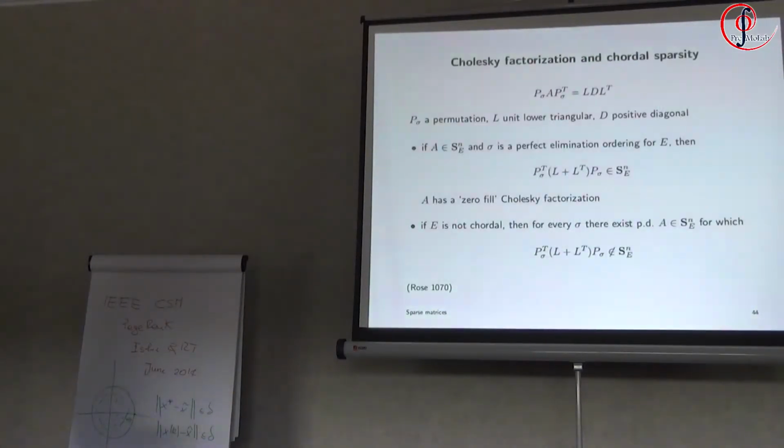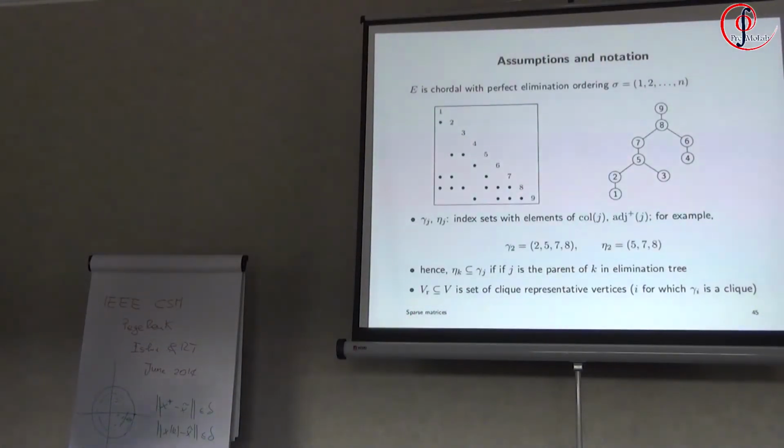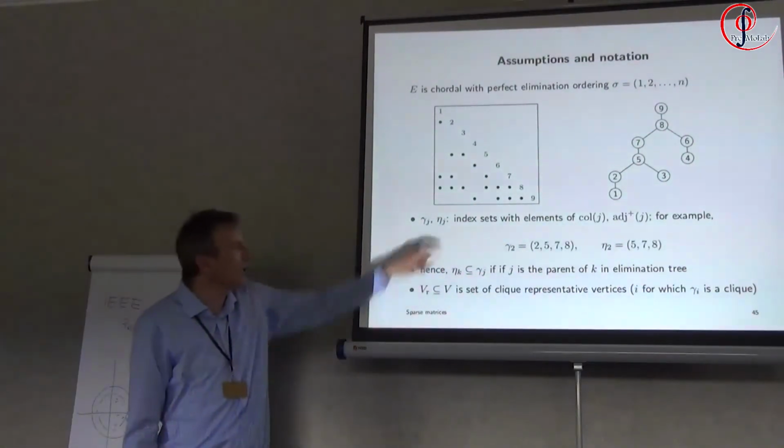So from now on, to simplify things, we'll assume that the sparsity pattern is chordal, and as perfect elimination ordering we'll just choose the natural order. We'll assume that it has been reordered so that the natural ordering is a perfect elimination ordering. So it looks like this. And as before, we often use the higher neighborhood of a vertex, or the closed higher neighborhood. Here we denote them by index sets, gamma and eta.